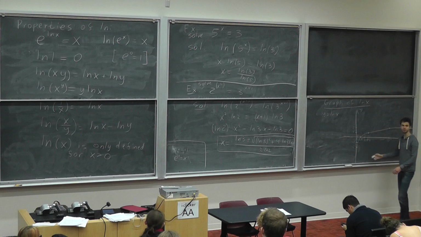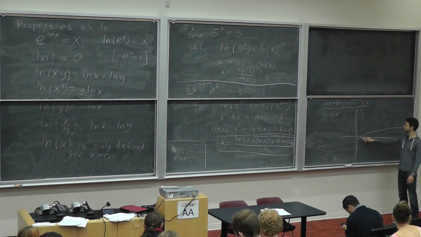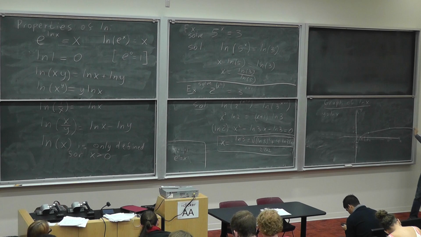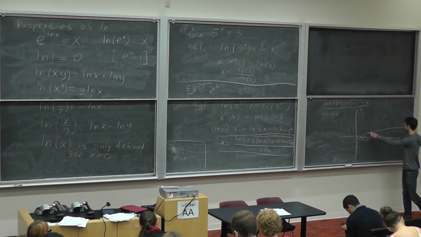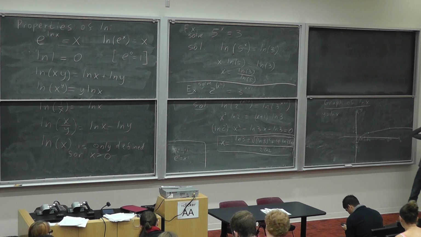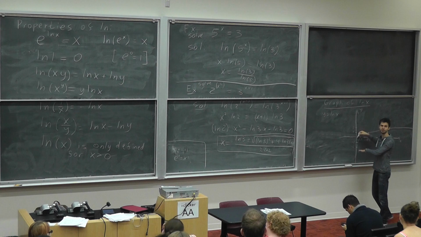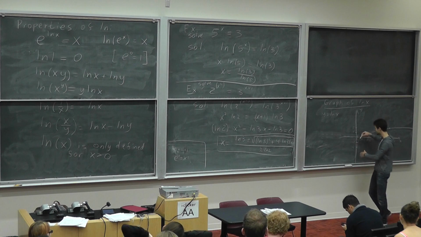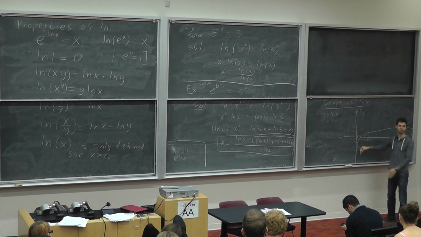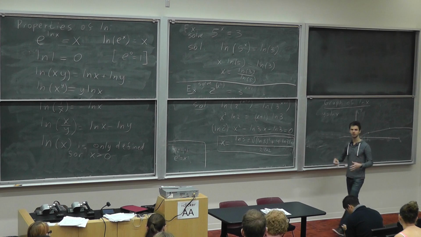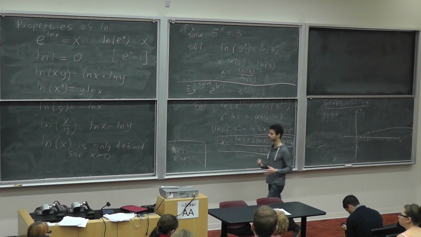The function logarithm is a function which at 1 is equal to 0. As you go to the right, it grows, but grows rather slowly, very, very slowly. As you approach 0, the function approaches negative infinity. The value of logarithm becomes a larger and larger negative number.